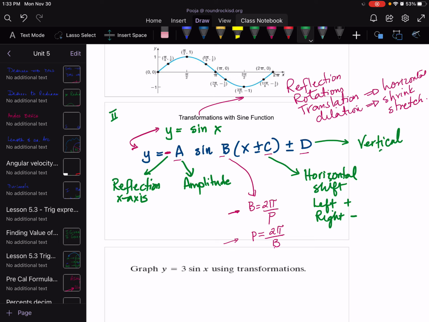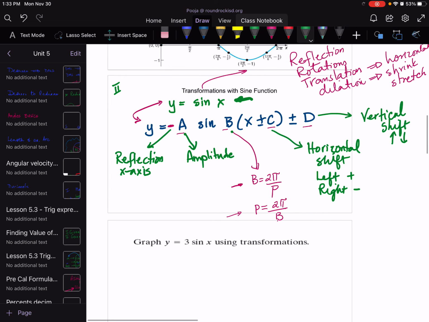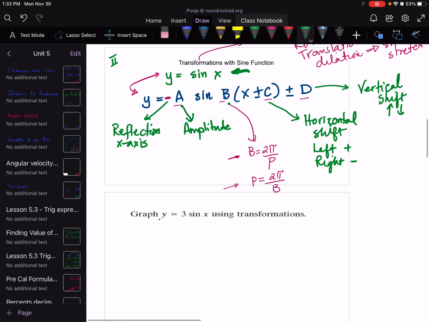If there is a vertical shift, up or down of the graph, then we have values for D. If there's no vertical shift, no horizontal shift, no change in the period, and no change in the amplitude, then literally we go back to the parent function.